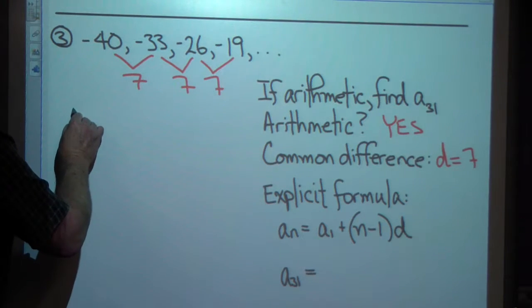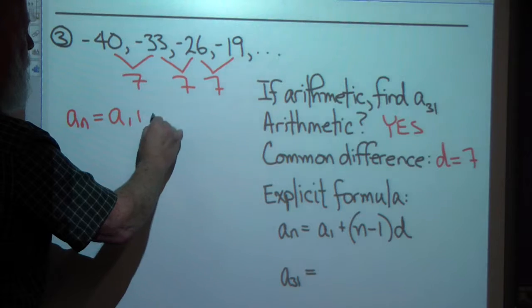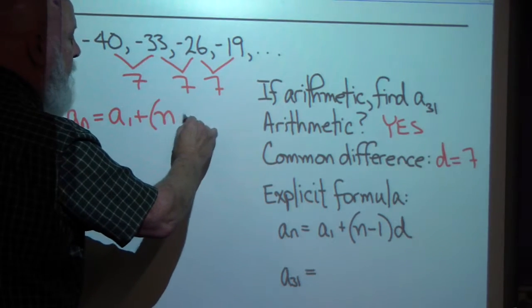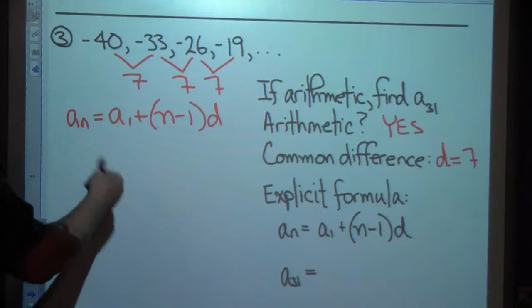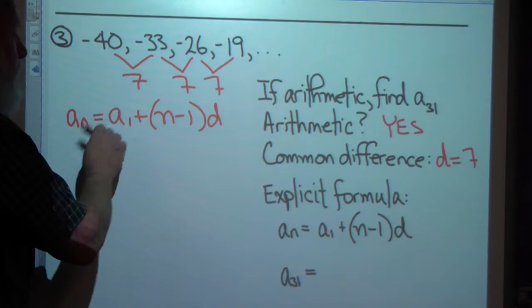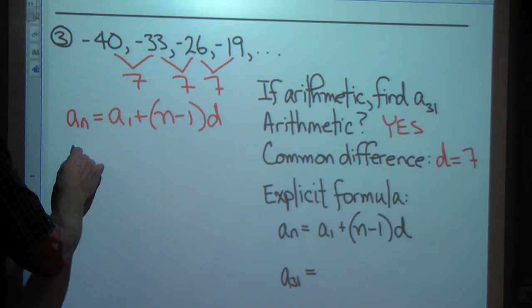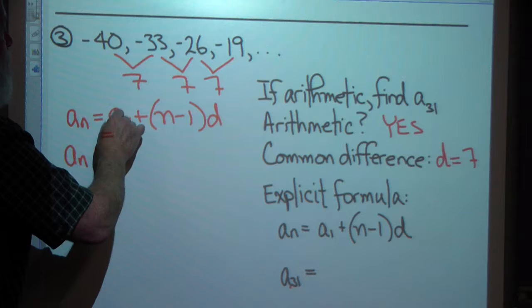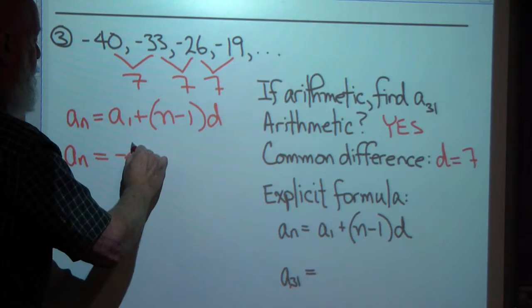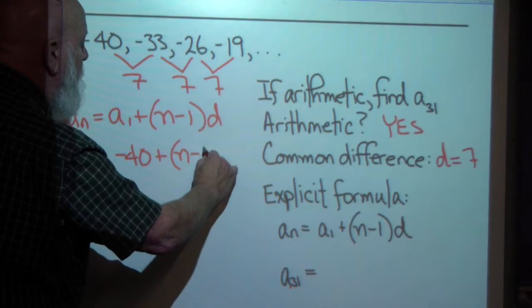Now I have A sub n is equal to A sub 1 plus the quantity n minus 1 times d. I'm going to plug in everything that I know, simplify the equation, and then look for the 31st term. So here we go. A sub n is the nth term. Don't know that one. I do know the first term is negative 40 plus n minus 1. Don't know n.